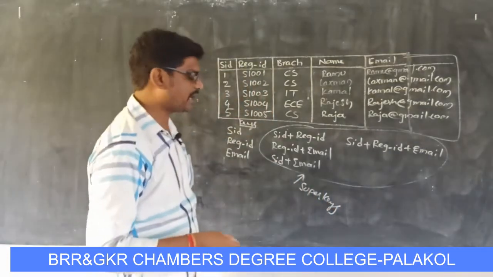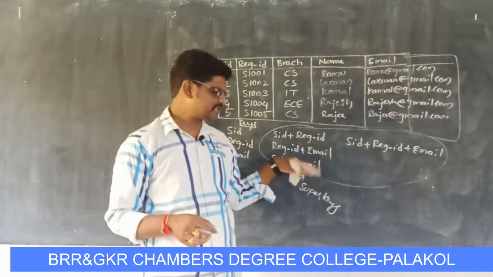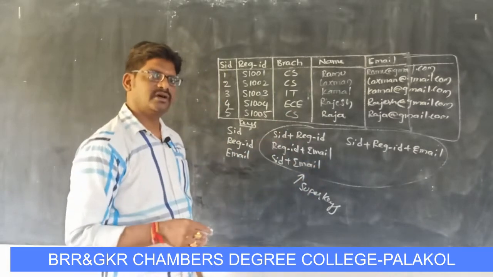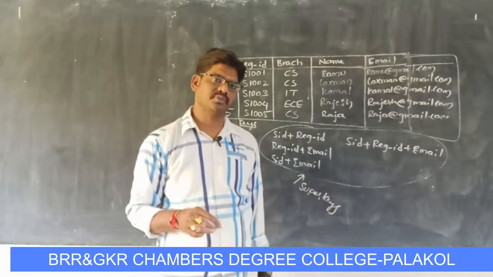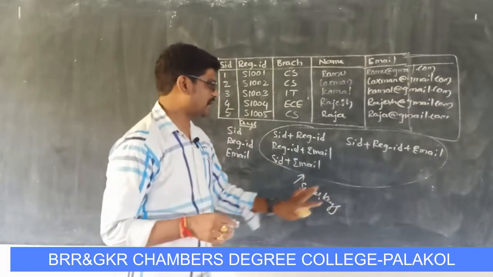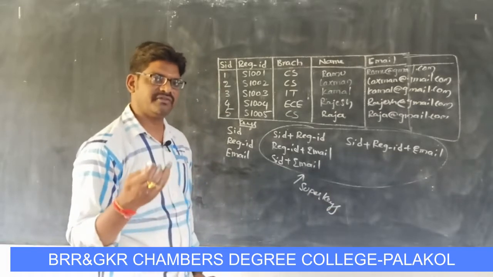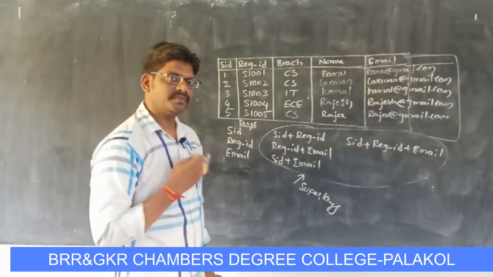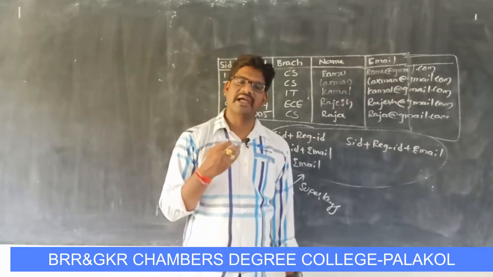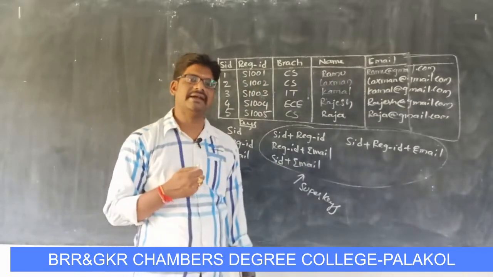So super key is the superset of the candidate key. Okay, it is a super of all the keys. Super key is used to identify each and every row within the table uniquely. Then what is a candidate key?